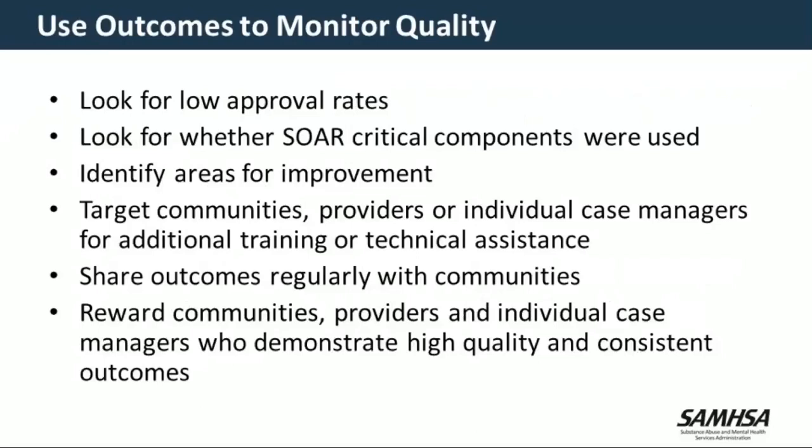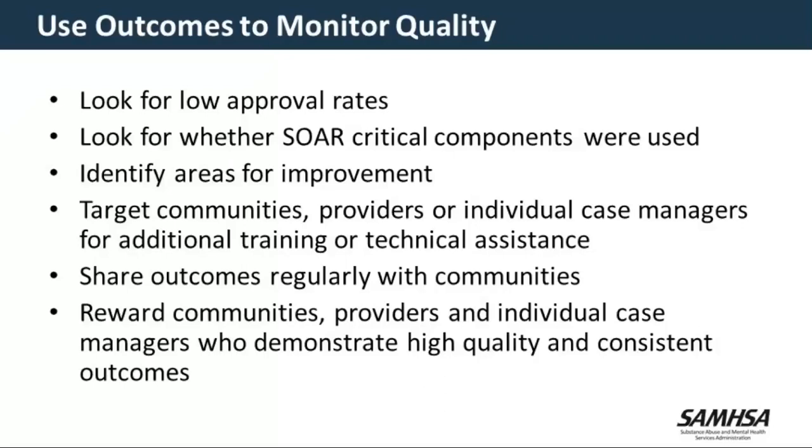When we see low approval rates, is there a medical summary report done on all of those applications? And if that key critical component of the medical summary report isn't being done, maybe there's an association there with the approval rate. Of course, we don't know causation, but we can correlate that and see what's going on. Where can we identify areas for improvement?